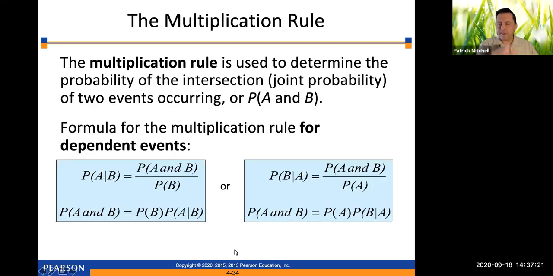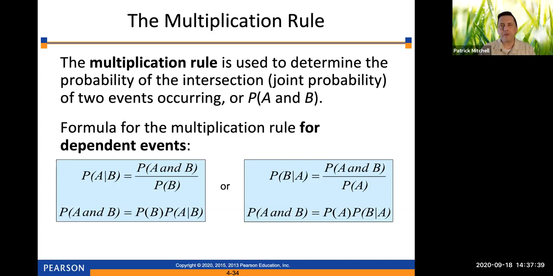All right, that brings us to the multiplication rule. The multiplication rule is used to determine the probability of the intersection of two events occurring. So the addition rule is used to find the union, the probability of the union of two events.